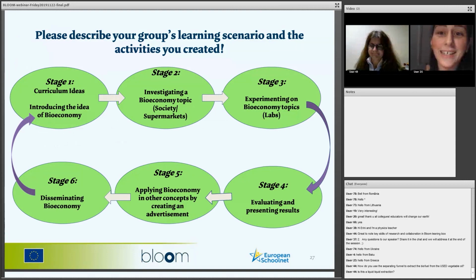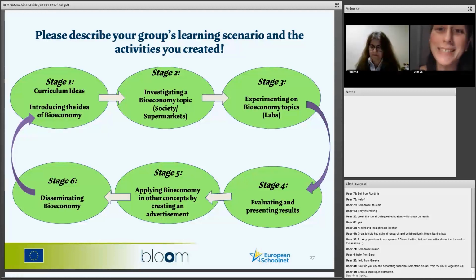That was it. To sum up, we had 6 stages following inquiry-based learning. We started by thinking of ways we could enter bioeconomy in our curriculum, because of course bioeconomy was not part of our curriculum.